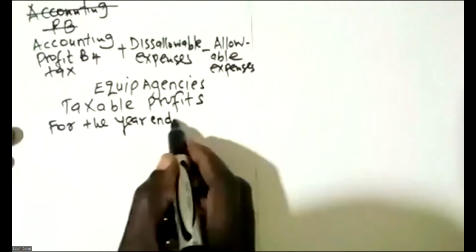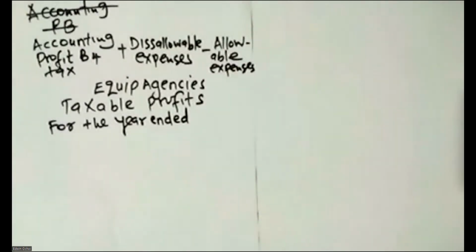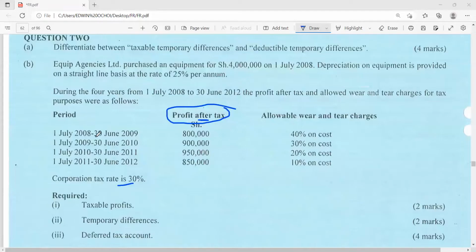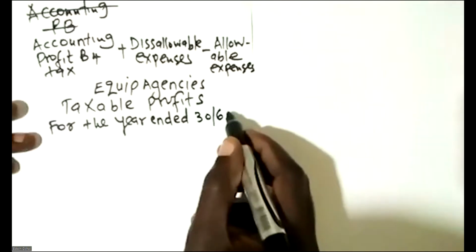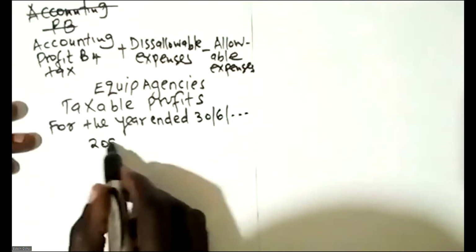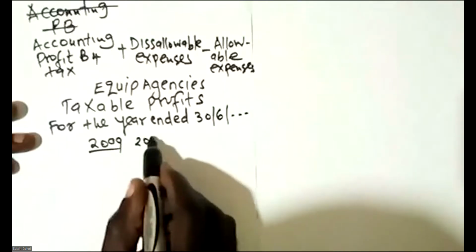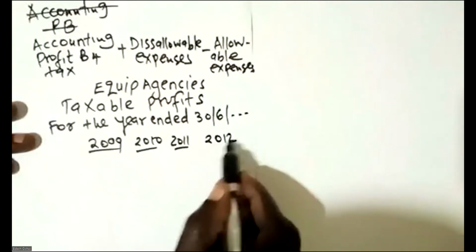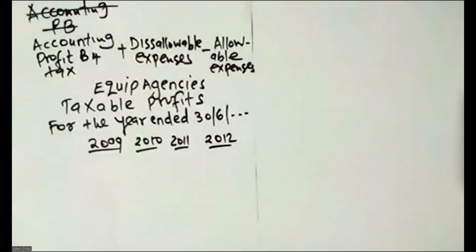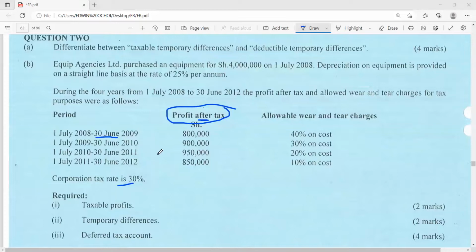Our periods are ending 30th June 2009, 2010, 2011, and 2012. I think it was 4 years. It was 4 years. 2009, 2010, 2011, 2012.